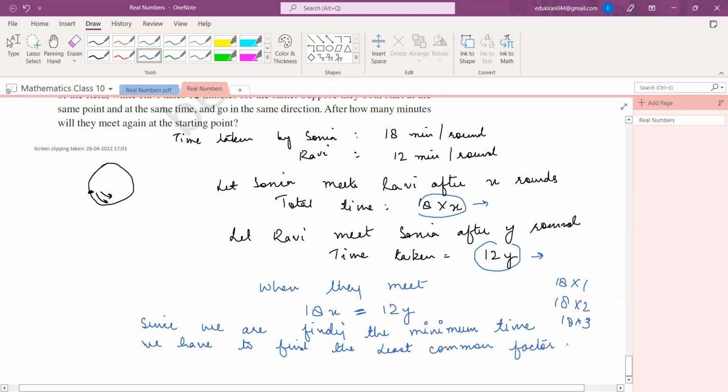Least common factor of 18 and 12. So basically in this, sorry, 12, not 1, 1, 2, it's 12. So basically you were supposed to find the LCM in this question, but I did all this to make you understand what exactly we are doing. So that is, or you can write that is LCM of 18 and 12, right?